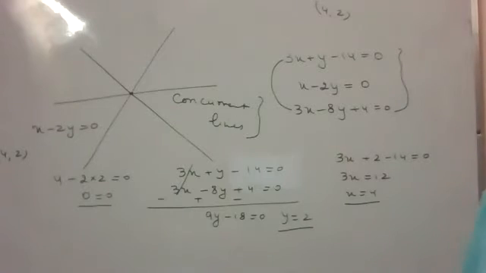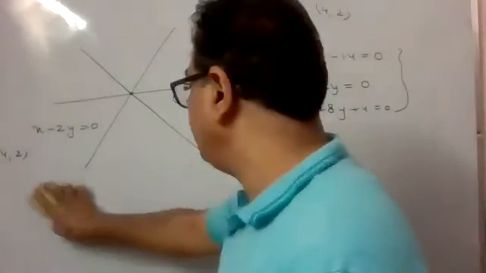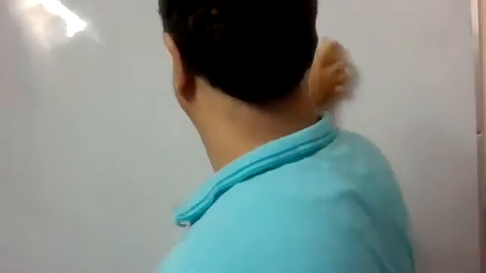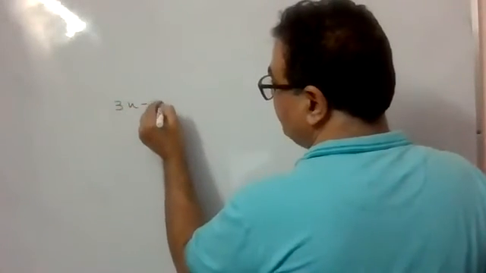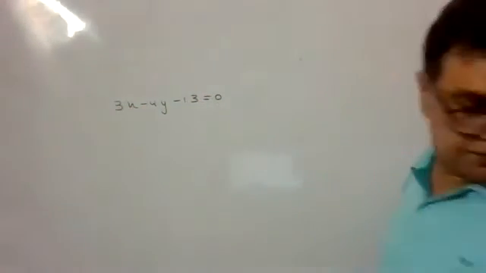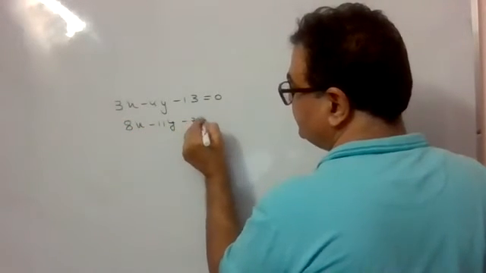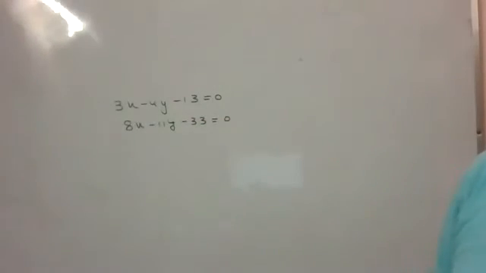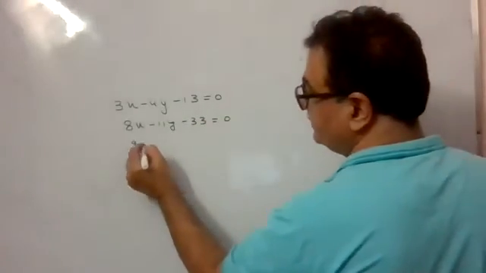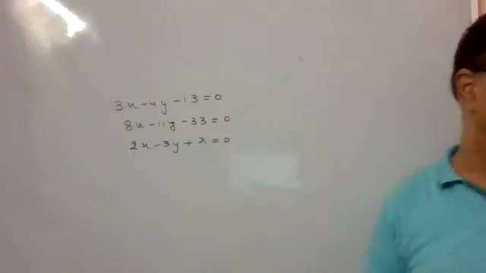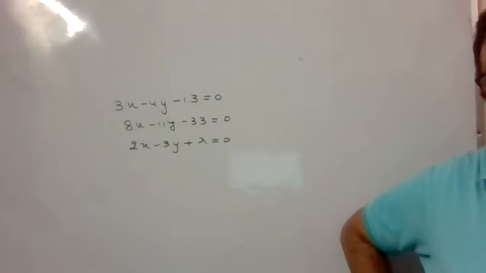Find the value of lambda. If the lines 3x minus 4y minus 13 equal to 0, 8x minus 11y minus 33 equal to 0, and 2x minus 3y plus lambda equal to 0 are concurrent, find out what should be lambda.